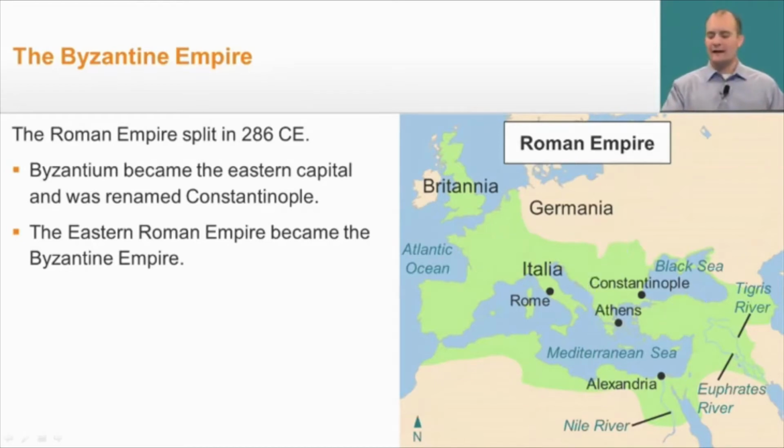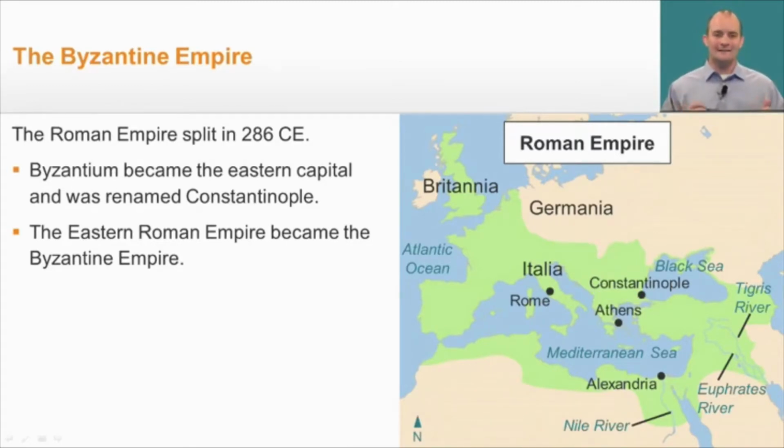Now, if you take a look at this eastern part of the empire over here, I want to especially draw your attention to this city right here, and that was Byzantium first, which was a small Greek trading city located right there. Now, once the empire split, Emperor Constantine moved from Rome into Byzantium, and being an emperor, he said, Byzantium doesn't sound so good, I will change it to Constantinople, named after himself.